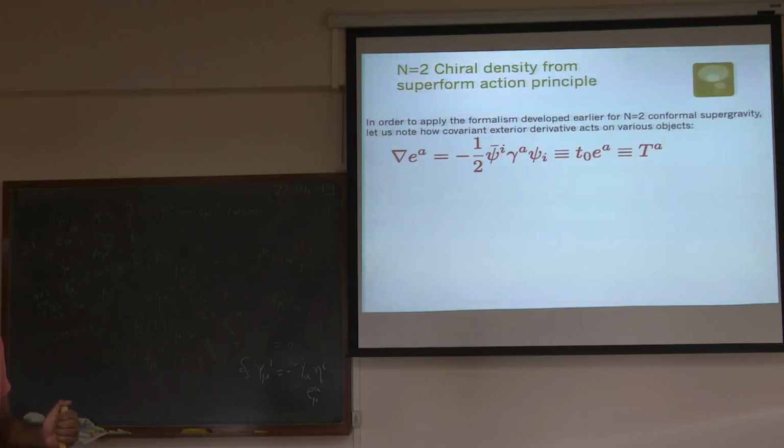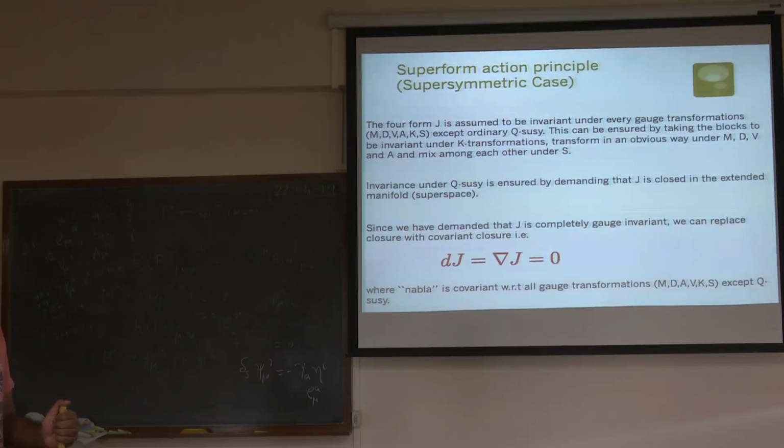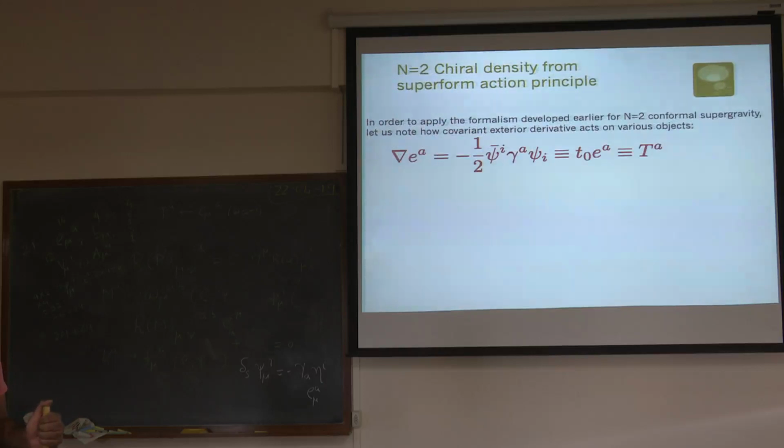So let us try to implement this in obtaining the N=2 chiral density formula that I had shown you earlier from the superform action principle. In order to do that, let us note how the covariant exterior derivative acts on various objects.